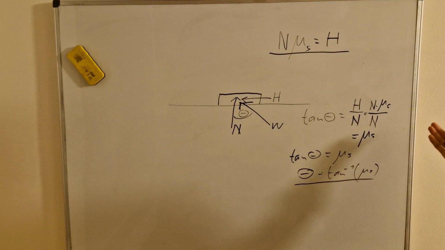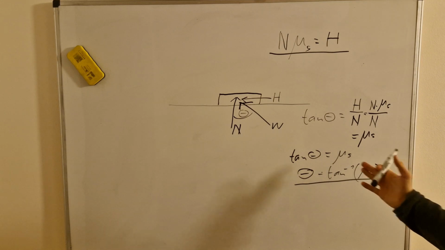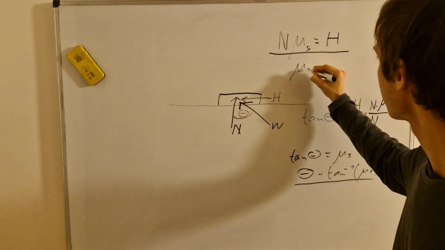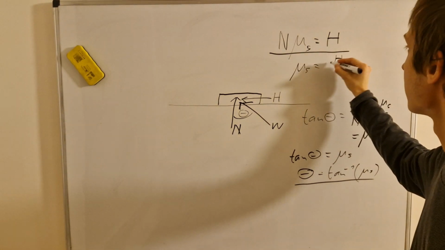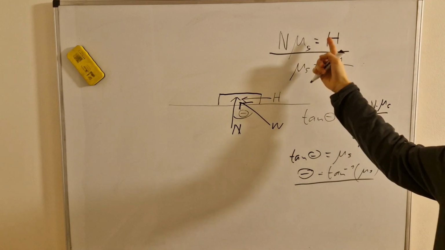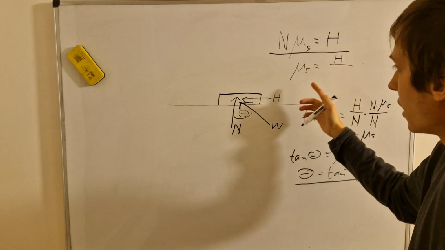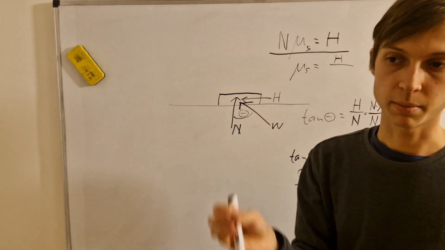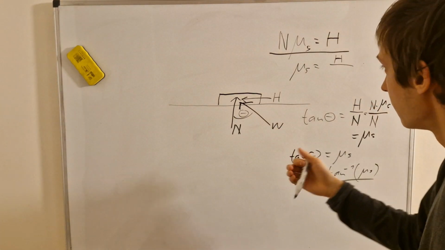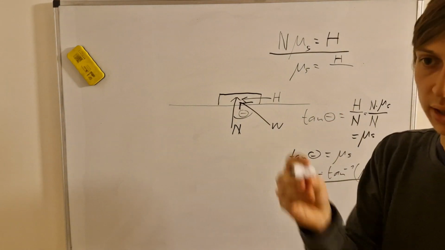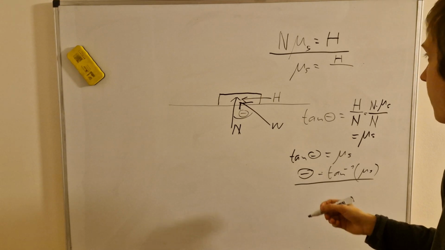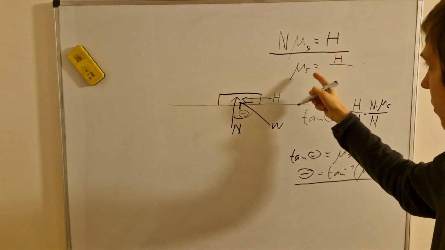And it's also interesting to see that this angle is directly related to the coefficient of static friction. The coefficient of static friction is precisely defined as follows: for the transition point between static friction and kinetic friction, the friction that applies when it's still static versus the friction that applies when it's moving, this equation applies.